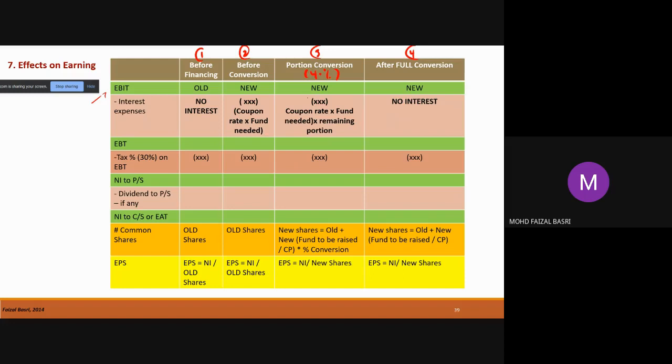But once ada yang convert, okay, once ada conversion, so meaning kita ada 40% share, so meaning the leftovers ataupun remaining will be 60% kan. So the remaining ones, still kita kena bayar diorang coupon, interest. So for this part, for partial conversion, the amount of interest that they have to pay is based on the remaining portion saja.